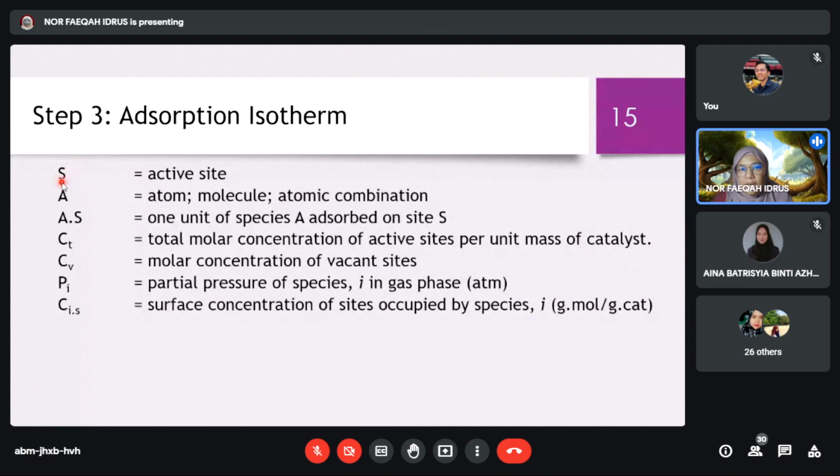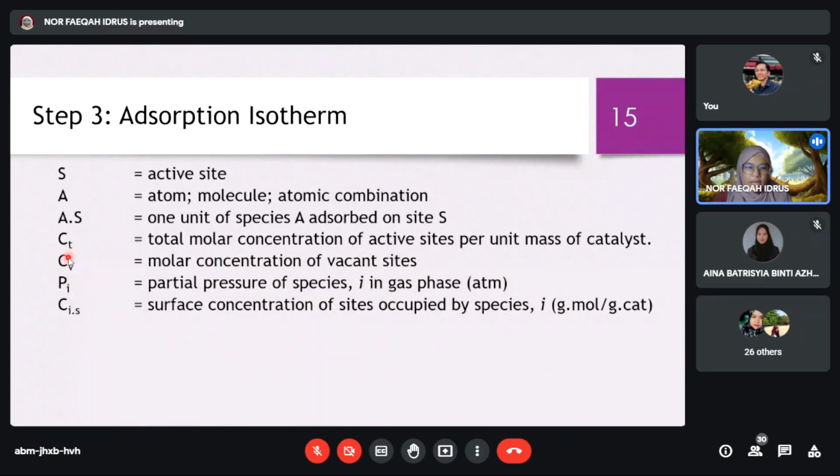Okay, S here is the active site, which we use to show the reaction or mechanism. But when we do the calculation in terms of concentration, the concentration of active sites is C_T, the total molar concentration. And then we also have C_V.